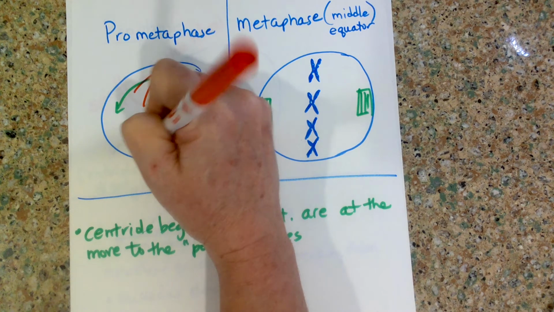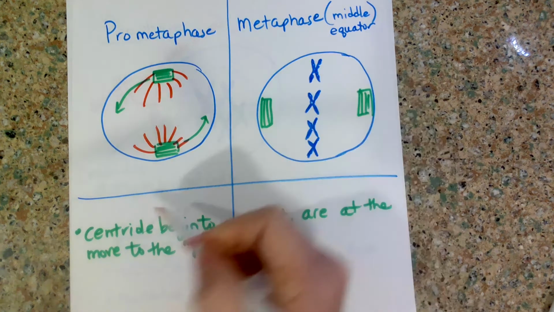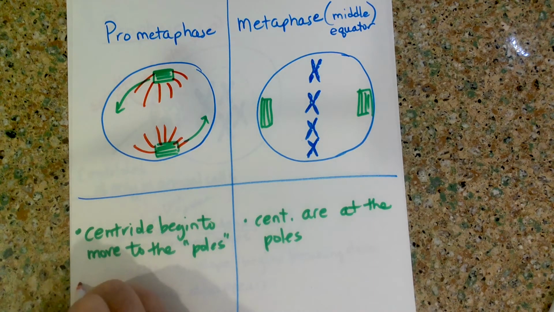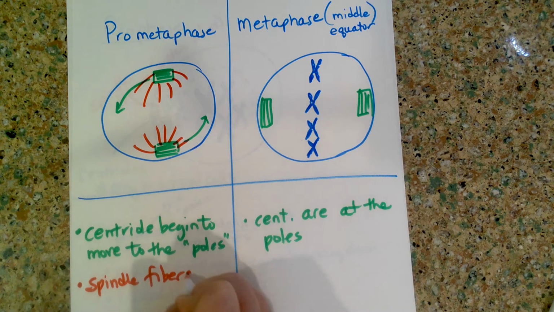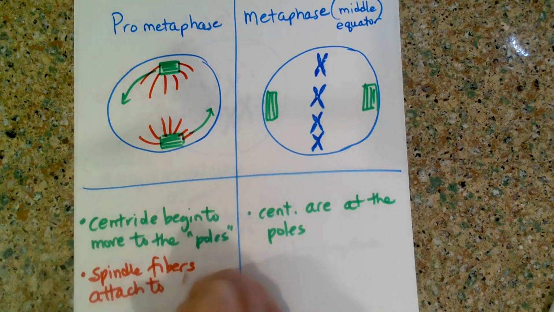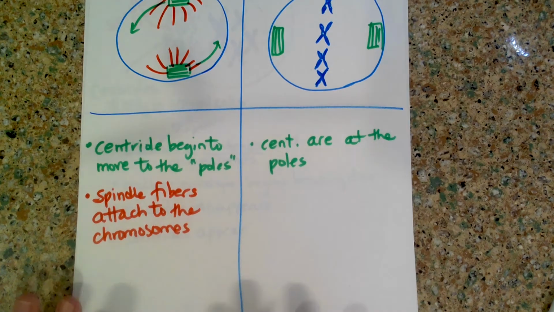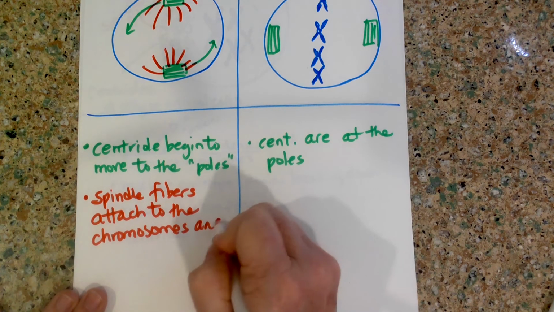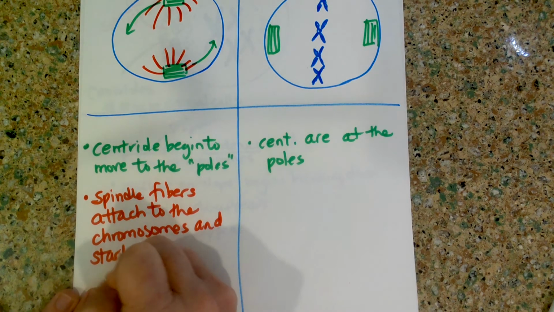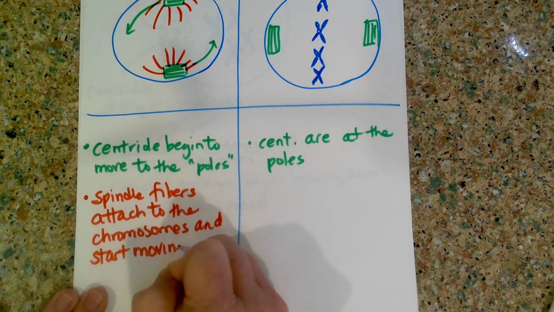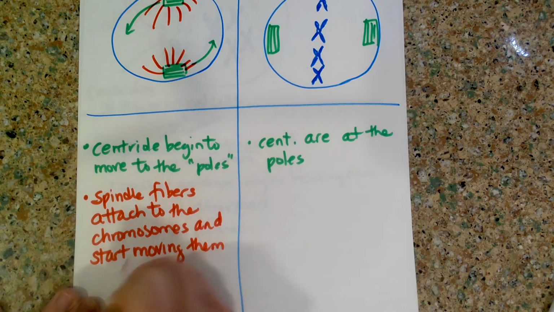Okay, and they're going to get longer, and spindle fibers attach to the chromosomes. Okay, just like if you were trying to line kids up, so they're going to attach these chromosomes and start moving them to the equator.